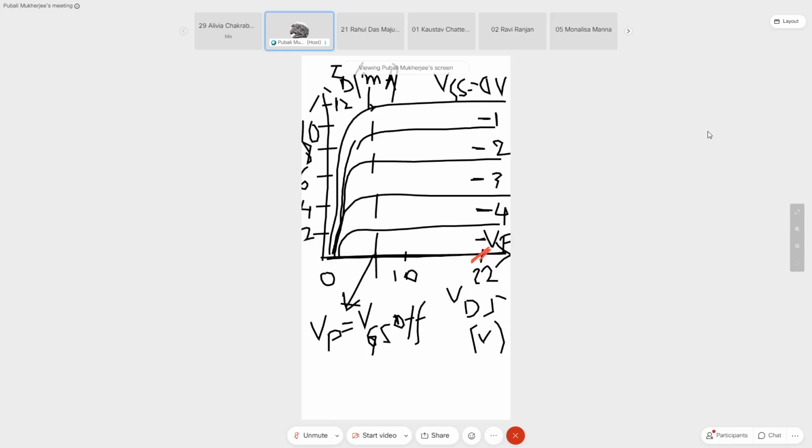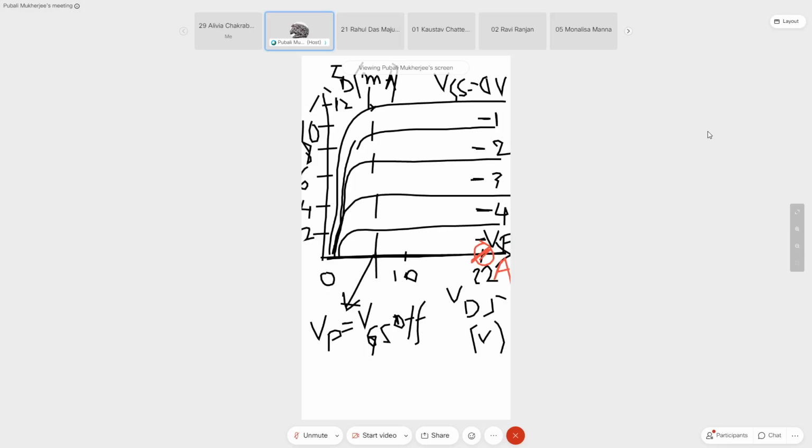And what were the coordinates of point B? For VDS equal to 0 volts, it should be a point lying on the y-axis, the ID axis. For VDS equal to 0 volts, ID was VDD by RD.